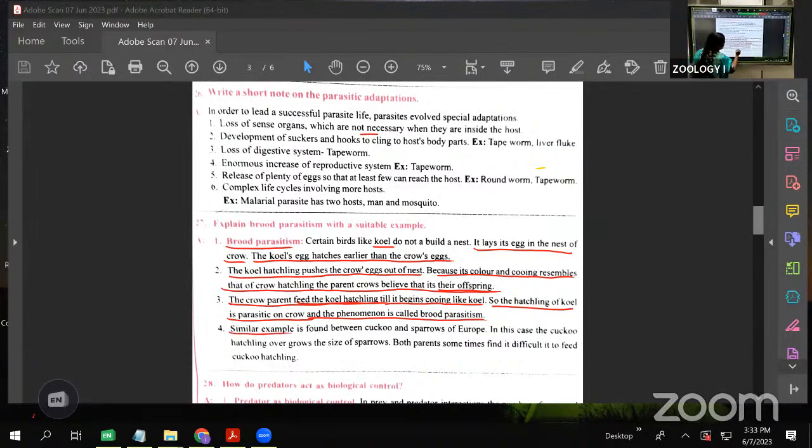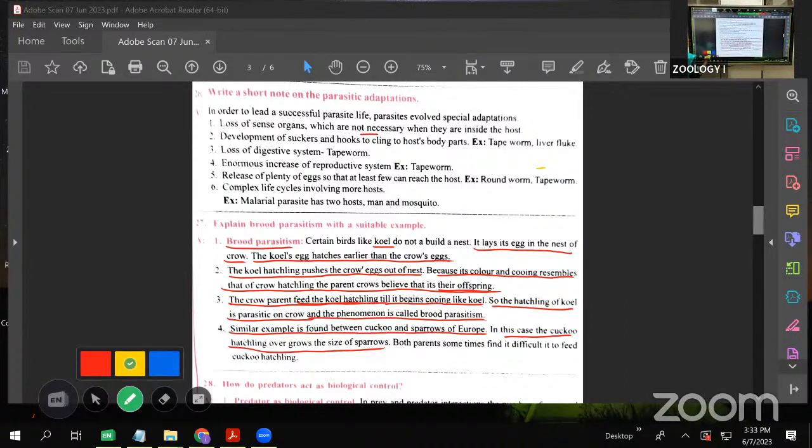A similar example is found between the cuckoo and the sparrow of Europe, and in the case of the cuckoo, the hatchling overgrows the size of the sparrow. Clear? For example, the crow makes the nest. Inside the nest, the crow eggs are already there. The cuckoo lays eggs in this same nest, and these eggs hatch early.